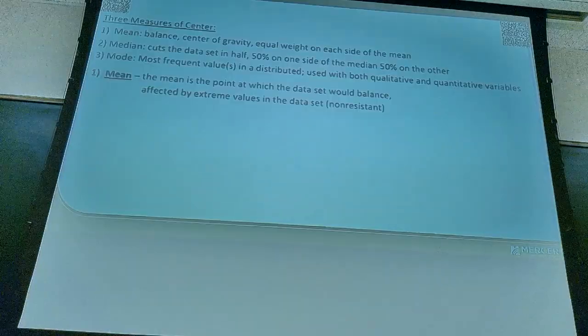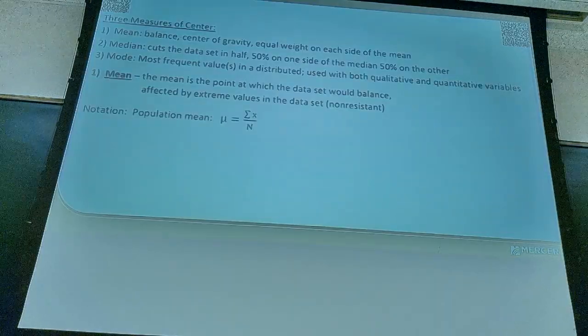Now remember, two types of categories we look at: population and sample. So we have a parameter and a statistic. They are represented differently, but essentially found the same way. Population mean is represented by the Greek letter lowercase mu.